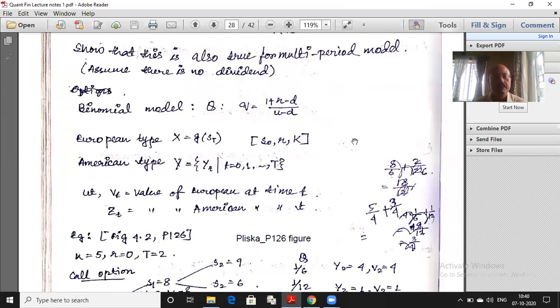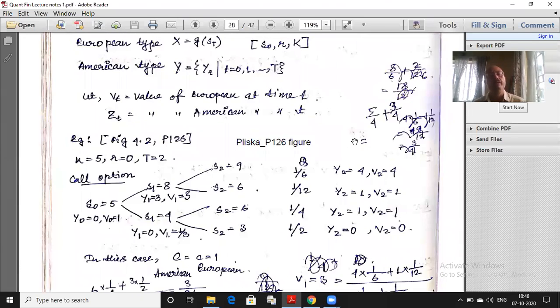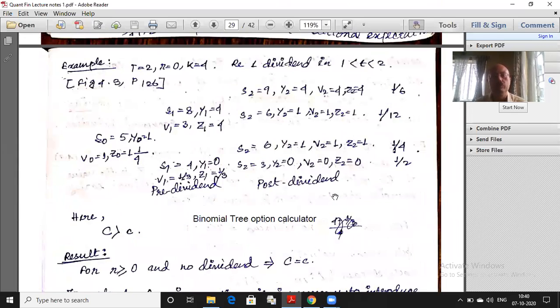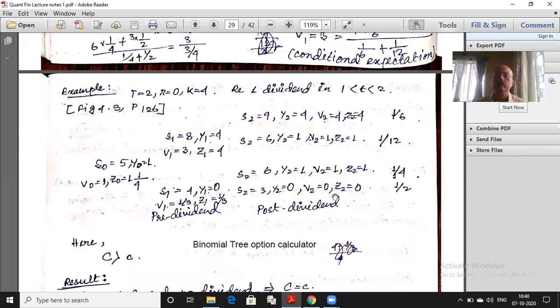And then we have actually done some simple calculations on 2-period models, evaluating European and American call options to show when the American call option will be actually more expensive than a European call option.